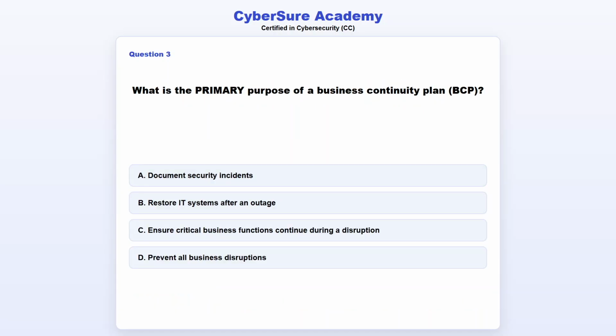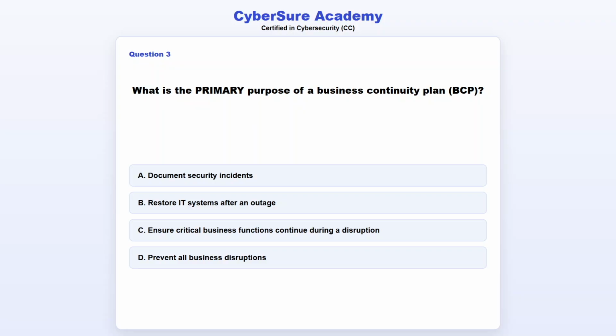Question 3. What is the primary purpose of a business continuity plan, BCP? A. Document security incidents. B. Restore IT systems after an outage. C. Ensure critical business functions continue during a disruption. D. Prevent all business disruptions.